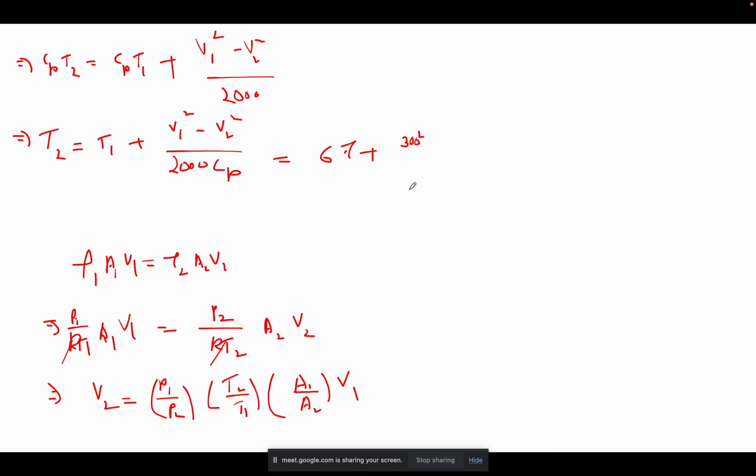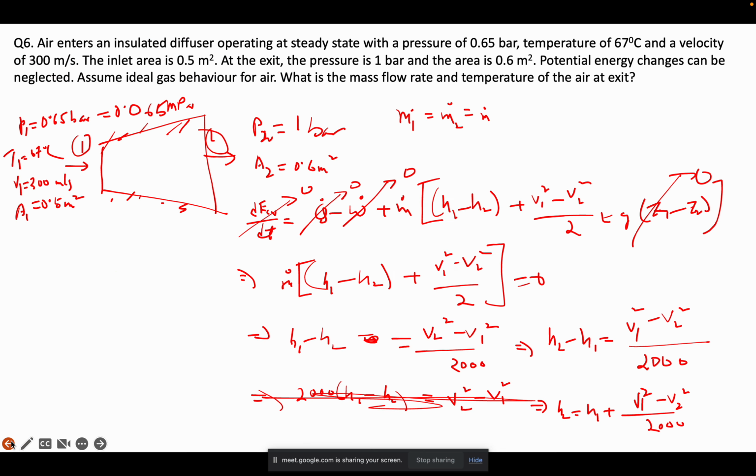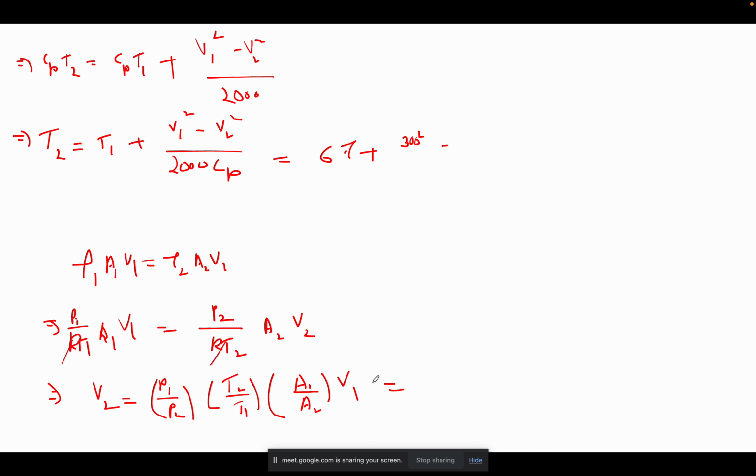And then you will put this V2 value here, because here itself it contains T2, isn't it? All the other terms you will multiply here. Say P1 by P2. What is P1 by P2? 0.65 by 1, so that is 0.65.